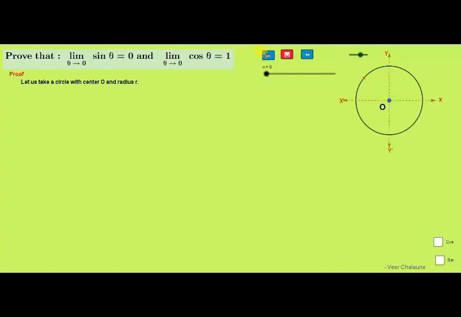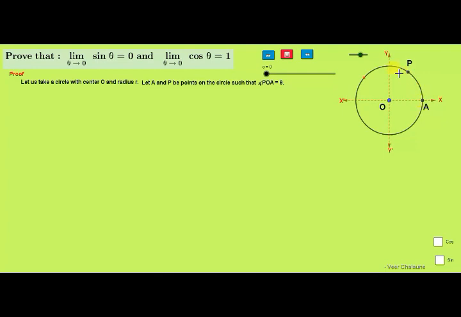Then this is the x-axis, this is the y-axis, and let A and P be points on the circle, defined anywhere on the circumference.